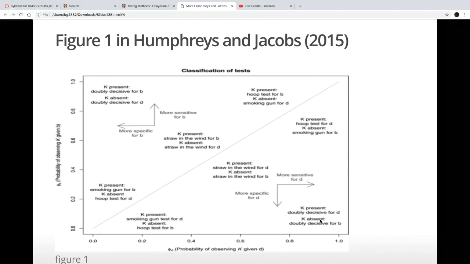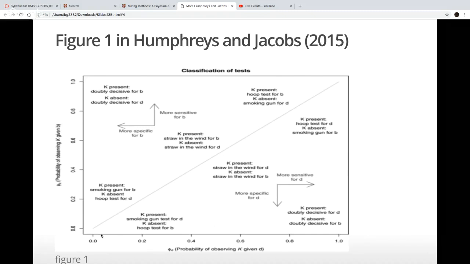What they mean is that if you observe that K is equal to 1, and you're up here, the probability of observing K given that you're type B is very high, but the probability of observing K given that you're type D is very low.